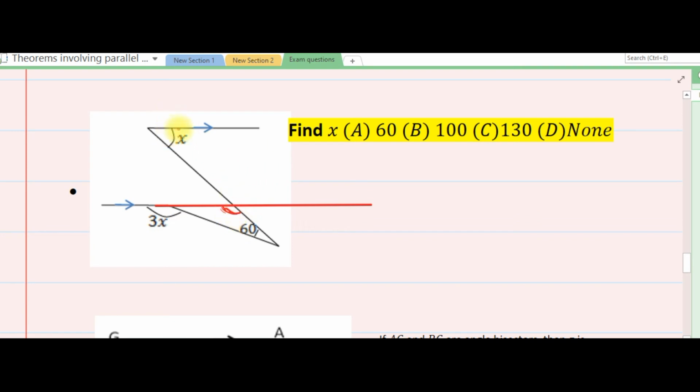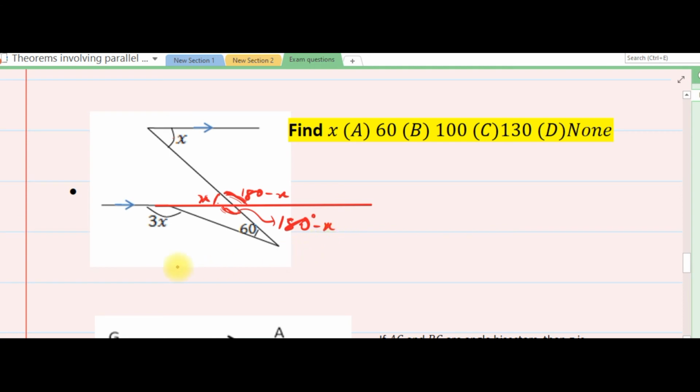So this x here should be x. Y here should be 180 minus x. That the interior here is also 180 minus x. You know why?